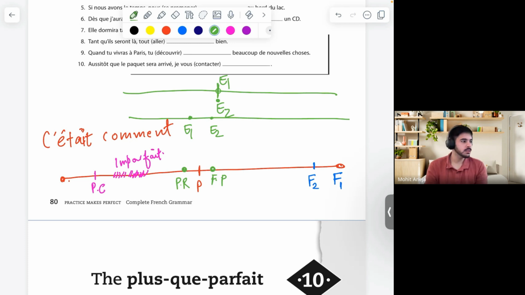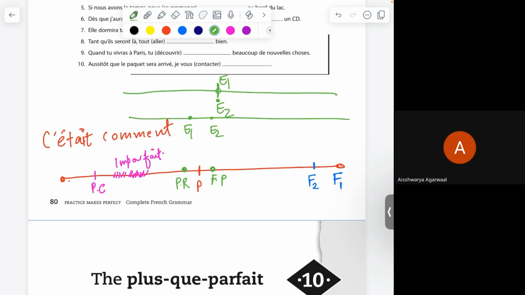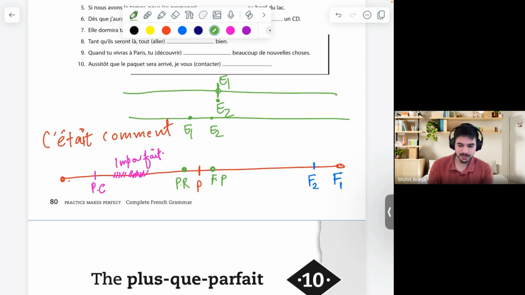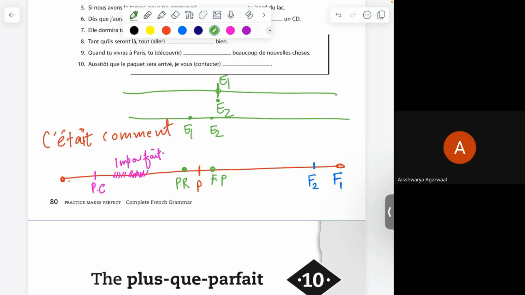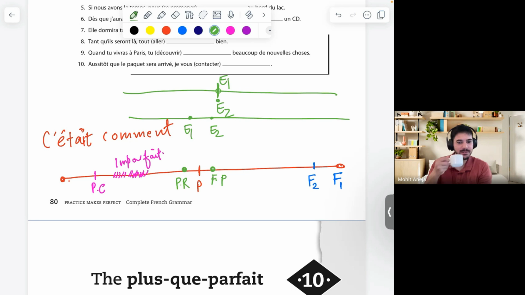Run your neurons. I think it'll be: he already ate dinner when you arrived. Well, the use of already is not allowed. How will you say that? He had dinner when you arrived. But what does that mean? Translate it: he was having dinner when you arrived.